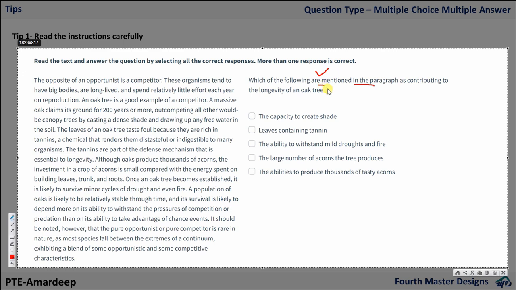It happens many times. Sometimes they will say identify the correct options, which of the following statements are correct? And sometimes they say which of the following statements are incorrect. Even I have made that mistake, so that's why I thought to include this one. Always read what the question is.